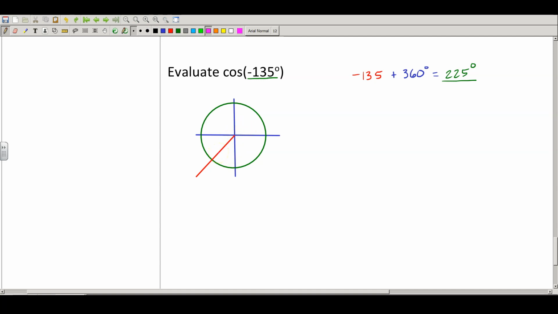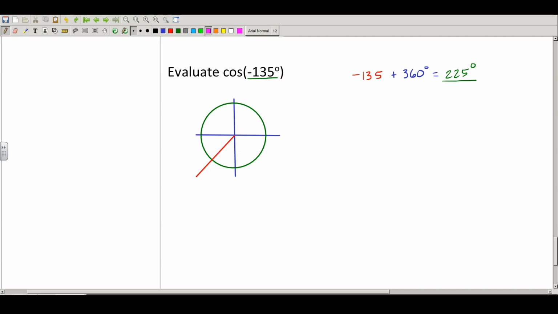Since we're finding the cosine of that angle, using coterminal angles doesn't change where we draw that angle, and therefore it doesn't change the terminal point on the unit circle, which we're going to use to answer our question.